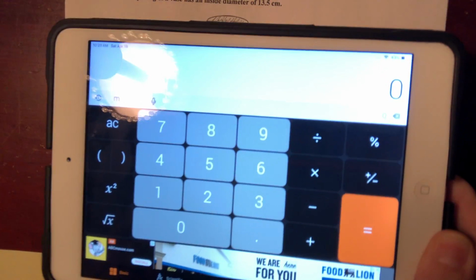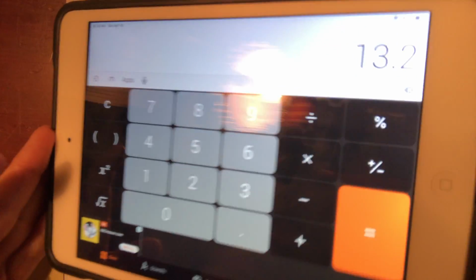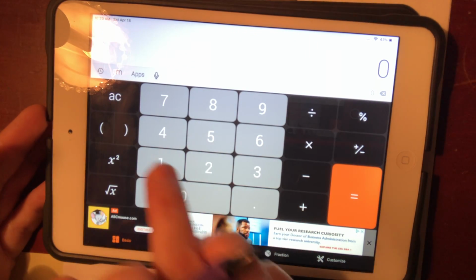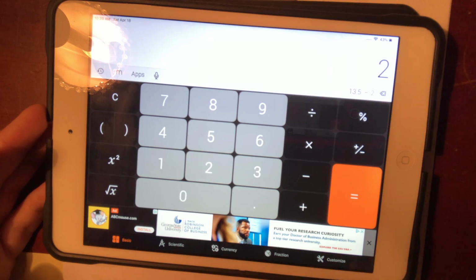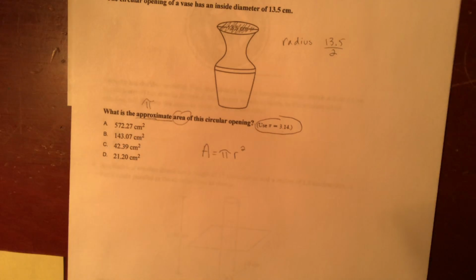So the first thing I want to do is find out what half of 13.5 is. So I'm going to do 13.5, sorry, 13.5, and divide that by 2. In other words, in half. So it's 6.75.